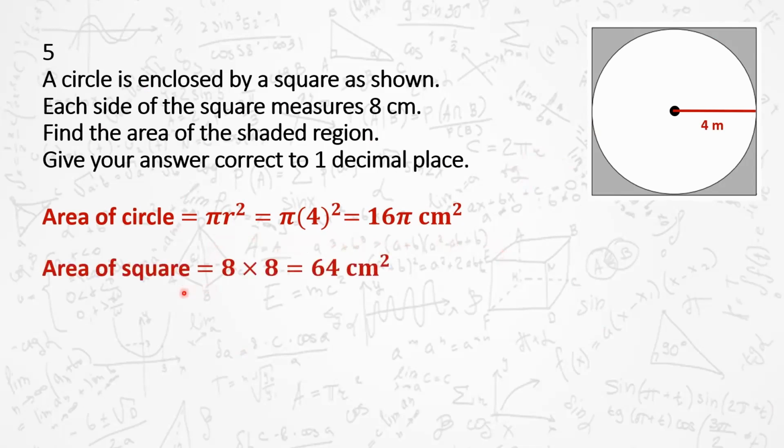Then to work out the area of the square, straightforward, 8 times 8 equals 64 centimeters squared. Then to work out the difference between the two, we use subtraction. For the shaded area, we have 64 minus 16 pi equals 13.7 centimeters squared with 1 decimal place.